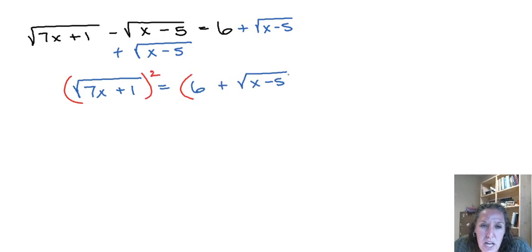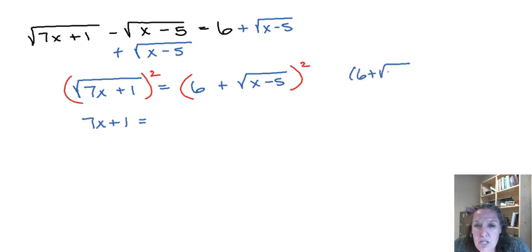We want to square both sides. On the left, squaring the square root is going to give us 7x plus 1. On the right-hand side, we do need to multiply this out, just like we did on that second example. And so we get 6 plus the square root of x minus 5 times 6 plus the square root of x minus 5.